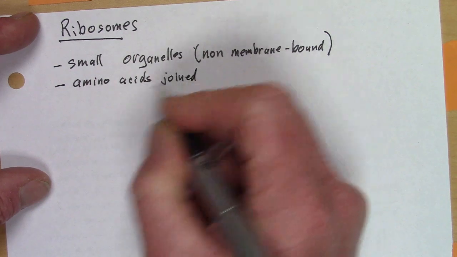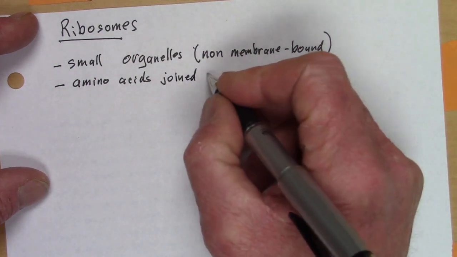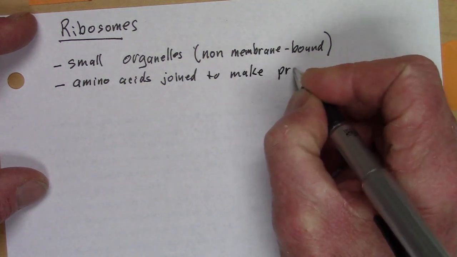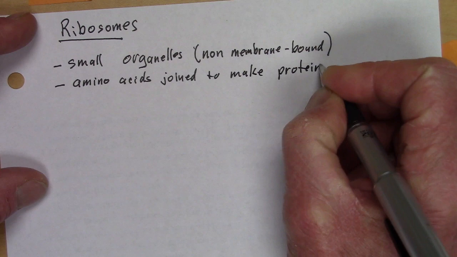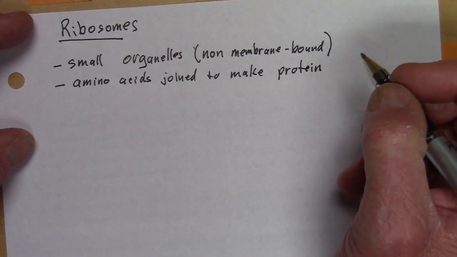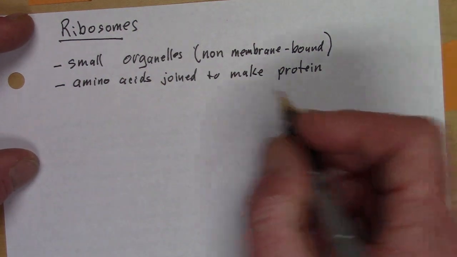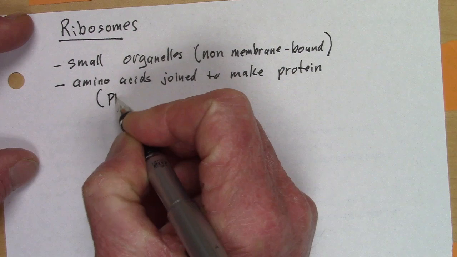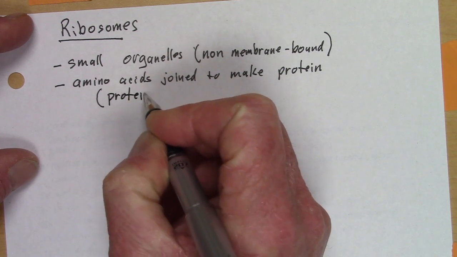The ribosome is involved with joining amino acids to make protein, because protein is made up of amino acids, and you've been through those biological molecules, so that should sound familiar. And this is the business of protein synthesis. The synthesis of proteins is making proteins.